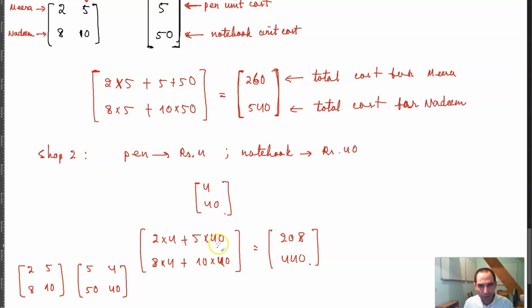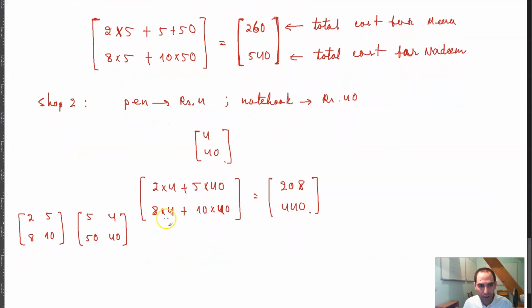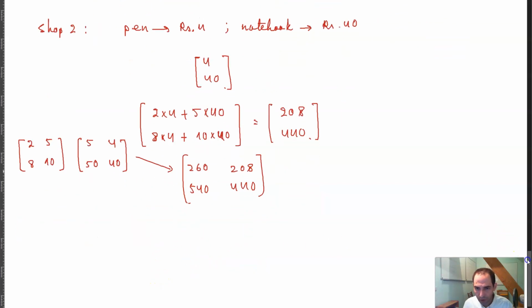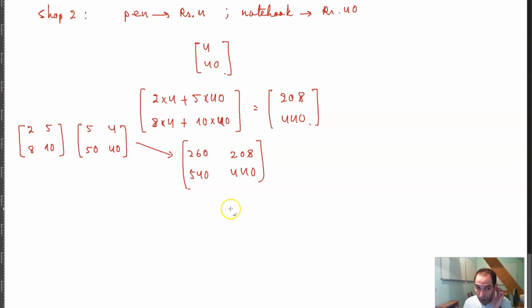And so what happens is that you will get 260 as a result of this operation. You will get 260, 540, and 208, 440. Right? Now let's actually do this operation and see if we get these numbers.